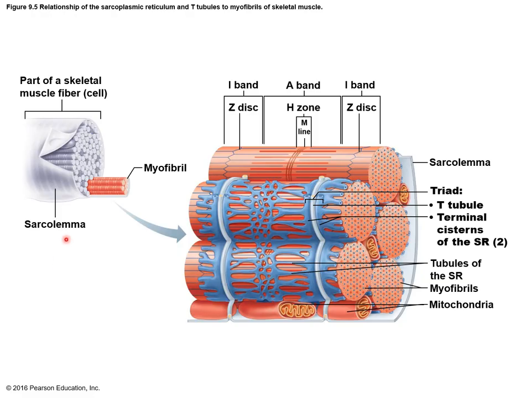So if you look at this picture, here is your muscle fiber, the individual cell. Remember, you have thousands of these myofibrils along here. From the surface area here, here's the outer sarcolemma. You have these T-tubules, these indentations.